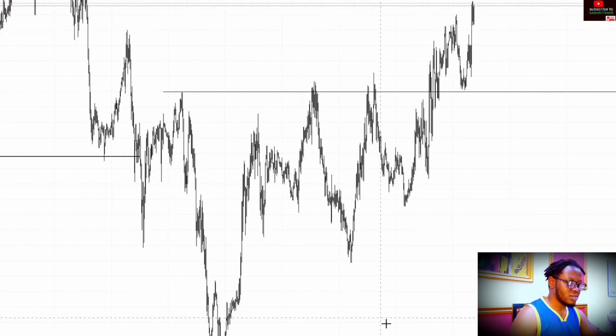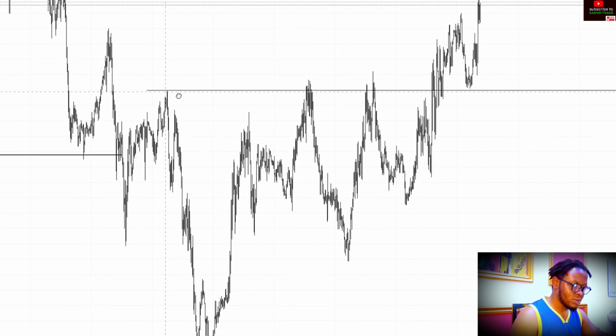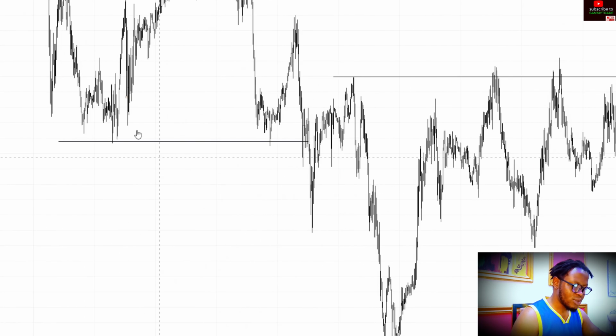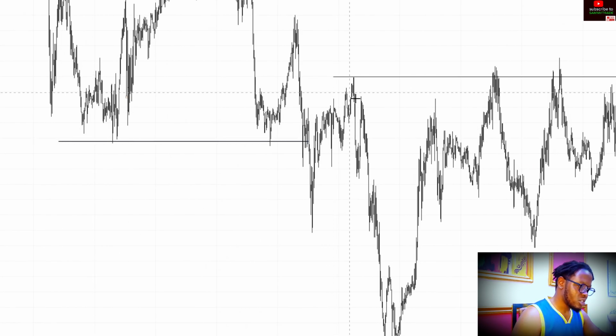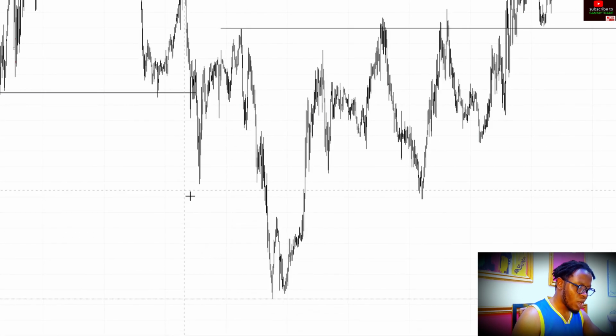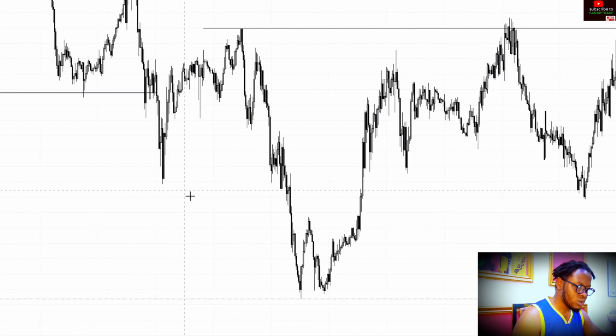Now, like I said, this is our supply zone. After price broke past this lower low, price retraced, and this is our supply zone that is causing this other break of structure to the downside.